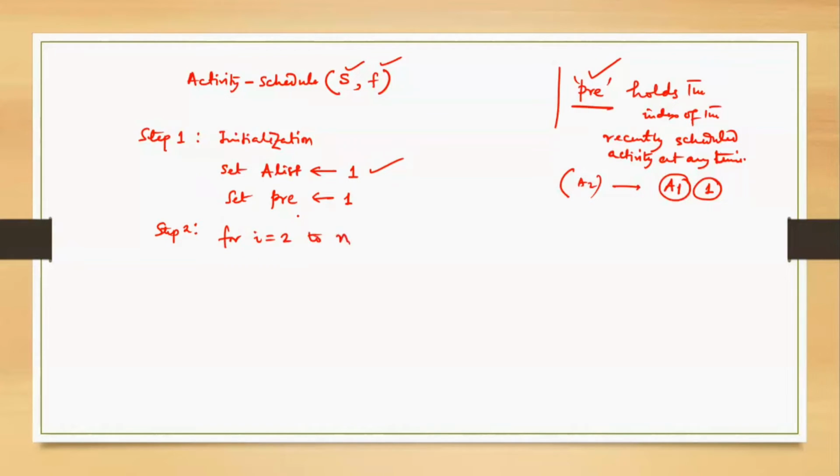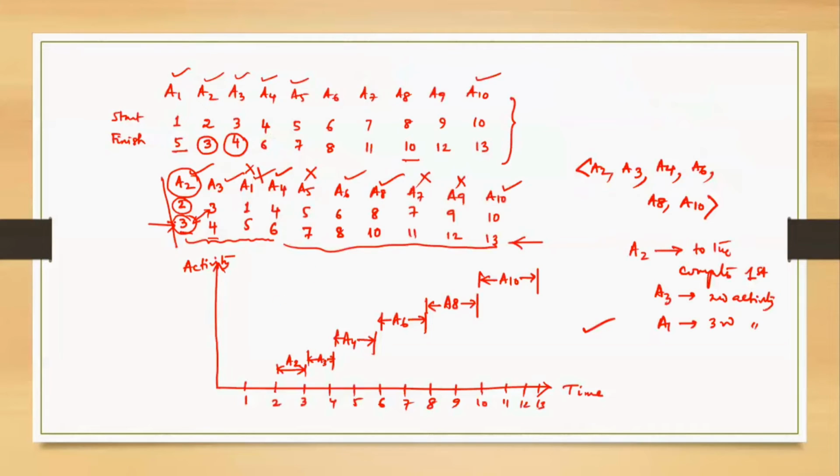2 to n means from the second activity up to the last activity you have to go for. Now I told you S and F indicate two parameters, the starting time and finishing time. Though they appear like two ordinary variables, they are actually two one-dimensional arrays, because if you go back to the previous slide, you have two parameters. One is the starting time set and another one is the finishing time set.